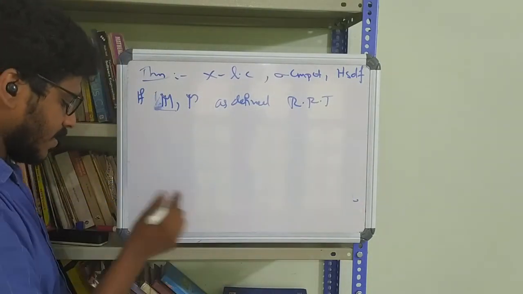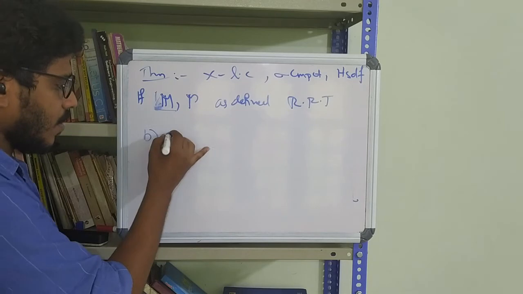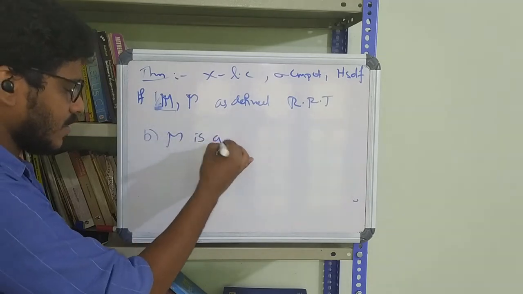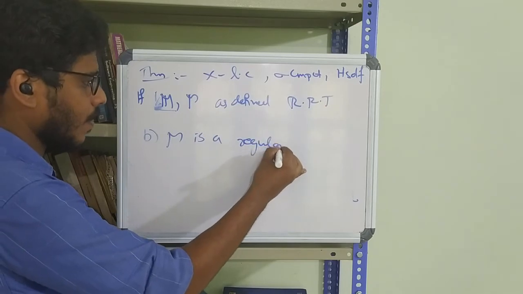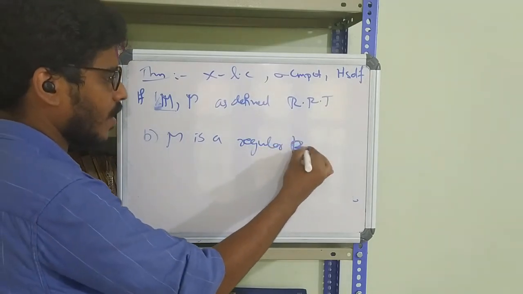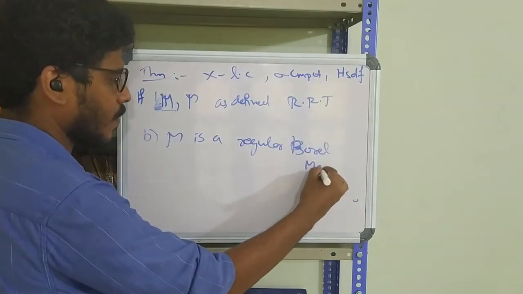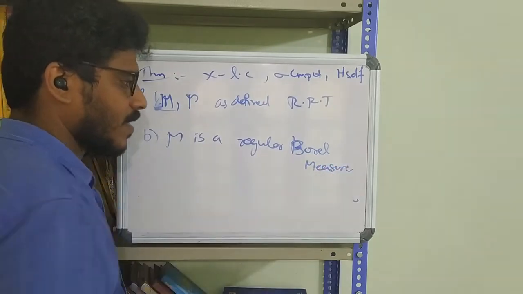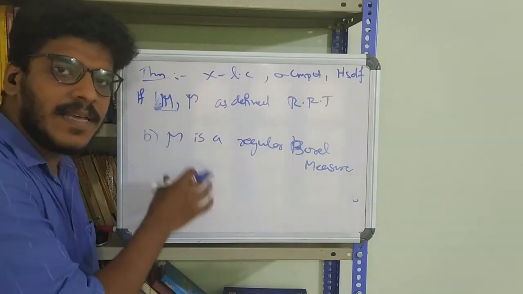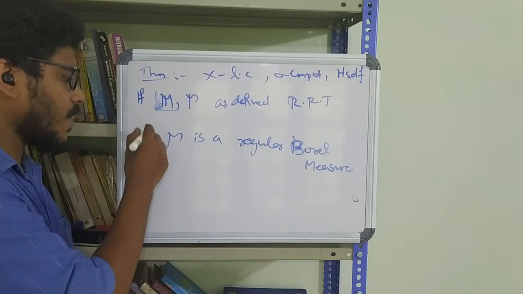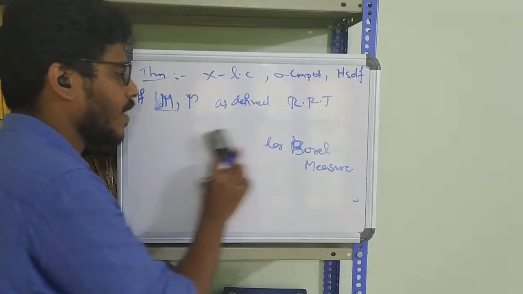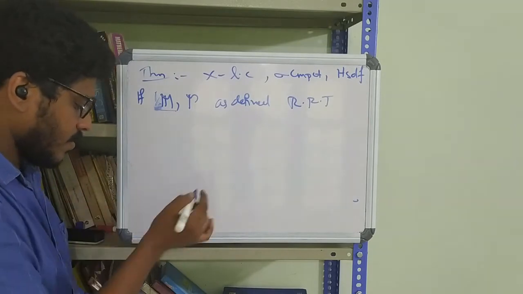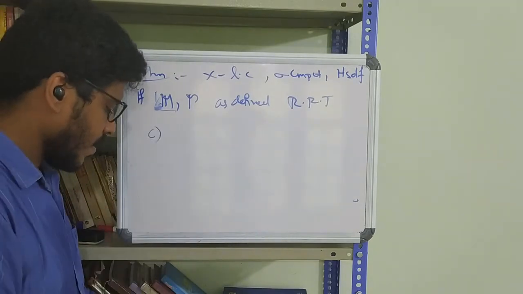And the second property, B: mu is a regular measure, or a regular Borel measure. In fact, this can easily be deduced from the previous property, the first part A. We'll come to that.